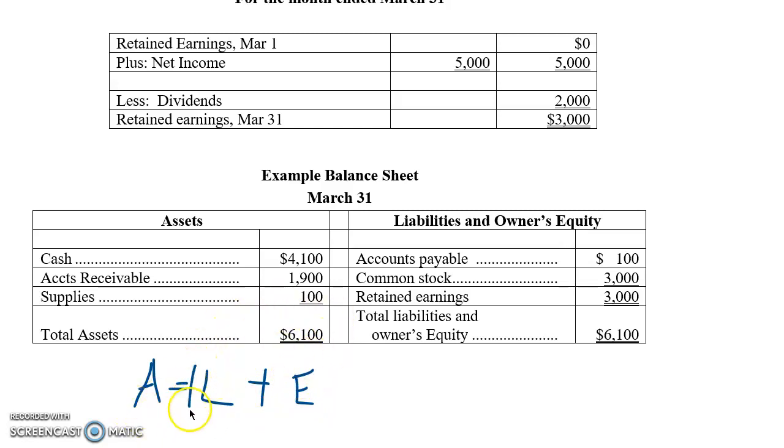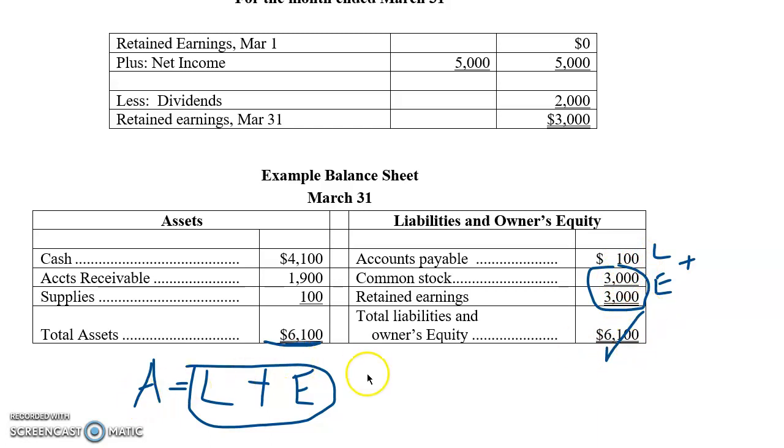That means this total right here must equal $6,100. And we know it does, but let's just walk through it. Accounts payable is 100, that's a liability. Common stock is 3,000. Retained earnings is 3,000. That's equity. That's liability. So liability plus 6,000, 100 plus 6,000 is 6,100. They do balance. Okay?